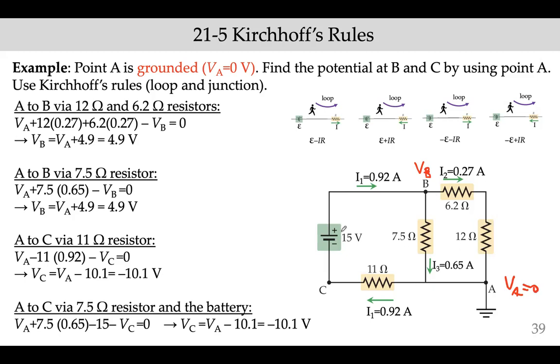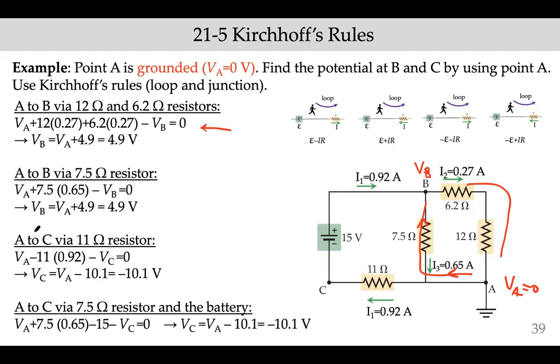We used this path in the previous calculation. Now let's use this path. We will go from A to B over the 0.7 ohm resistor. Let's choose this to be the path direction.